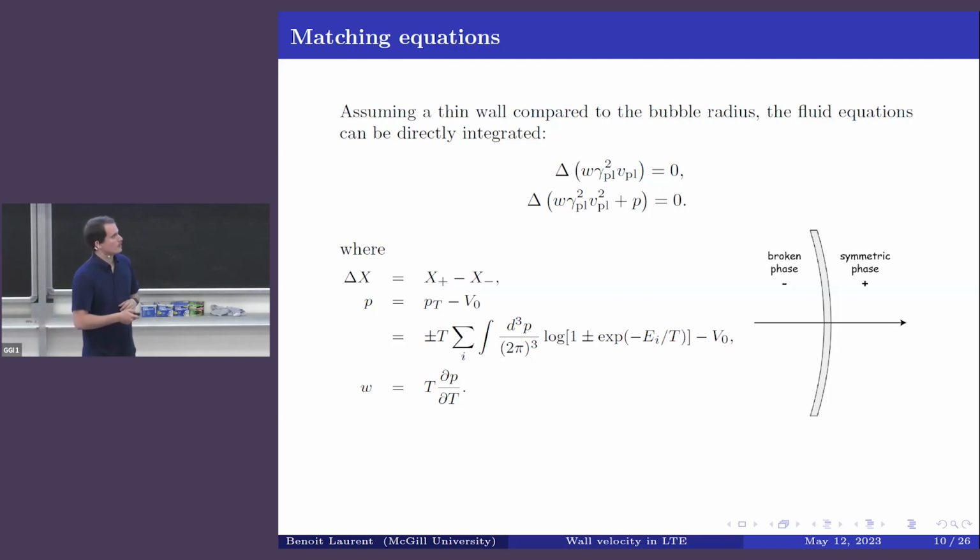And in that case, we can already integrate the two equations that we got from conservation of the energy momentum tensor. And we get these two matching equations, basically relating these two thermodynamic quantities on both sides of the wall. So basically what it tells us is that very far in front and very far behind the wall, these two quantities must be equal to one another.